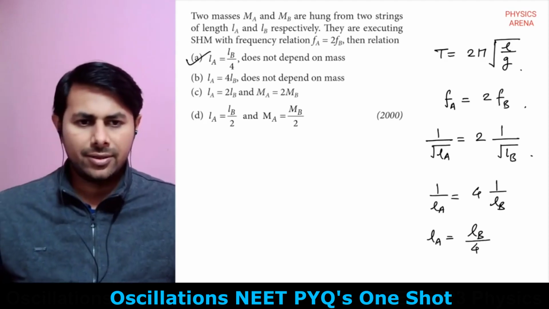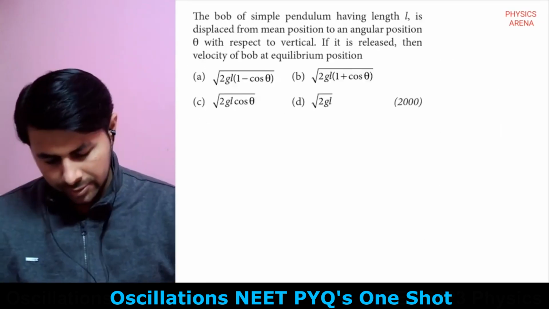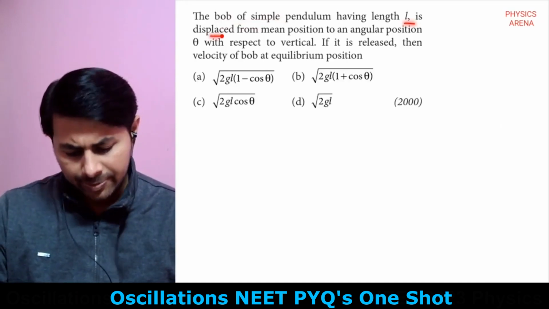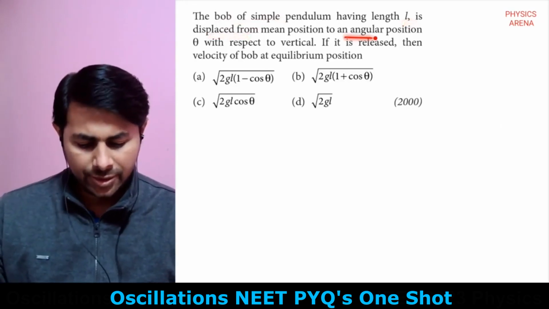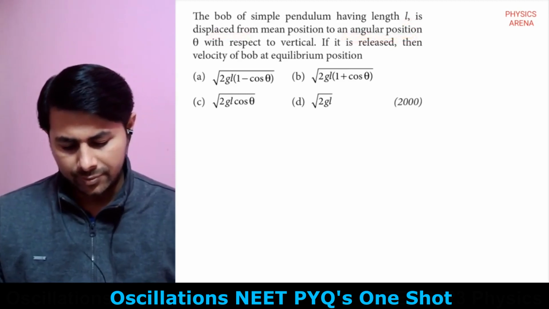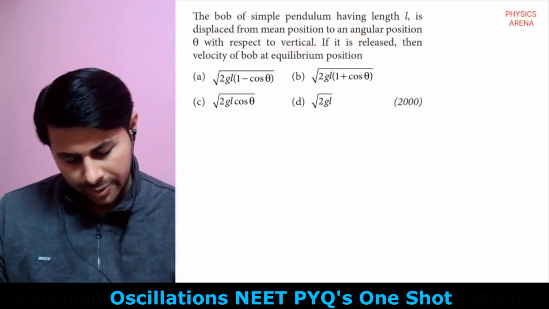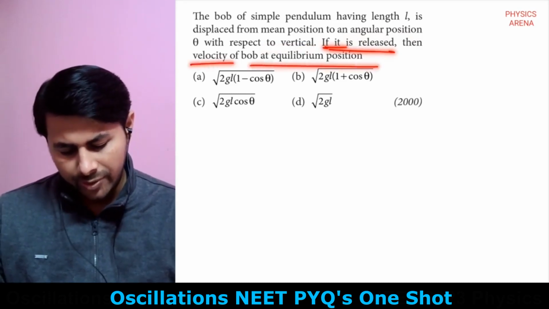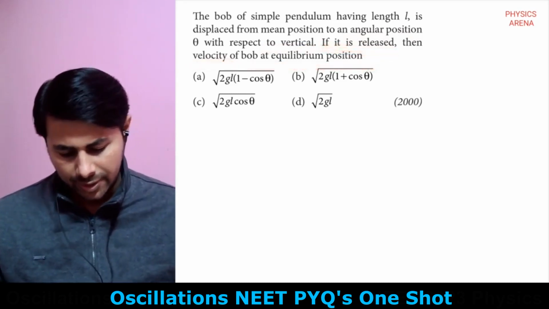It's option A, right? The bob of a simple pendulum having length L is displaced from mean position to angular position theta with respect to the vertical. If it is released, then the velocity of the bob at the equilibrium position.